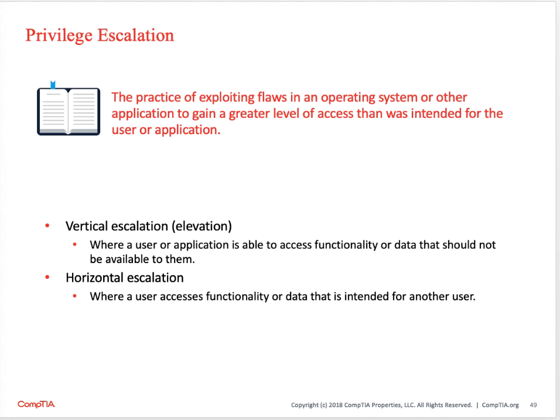But we're not at the level where we can add money to the bank account or change the contents of our checking account, right? That's not vertical escalation. This is just giving somebody access to another person's functionality.